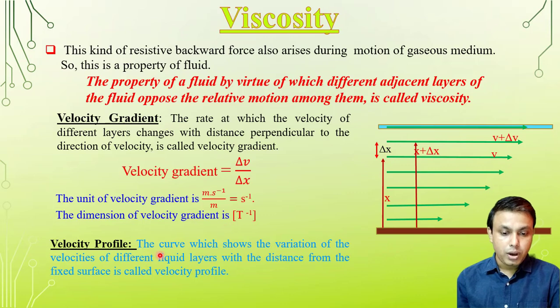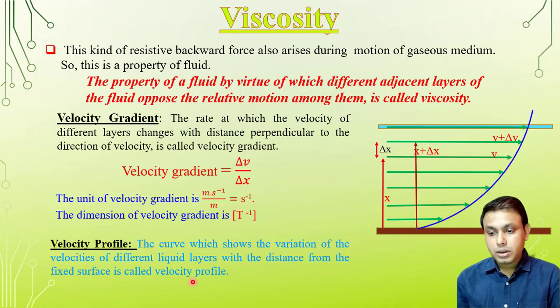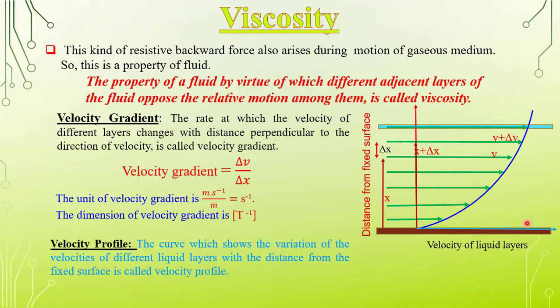Next, velocity profile. What is velocity profile? The curve which shows the variation of the velocities of different liquid layers with the distance from the fixed surface is called velocity profile. Here this line represents the velocity profile. Along this axis I am drawing the distance from the fixed surface, and along this axis I am drawing the velocity of the liquid layers.